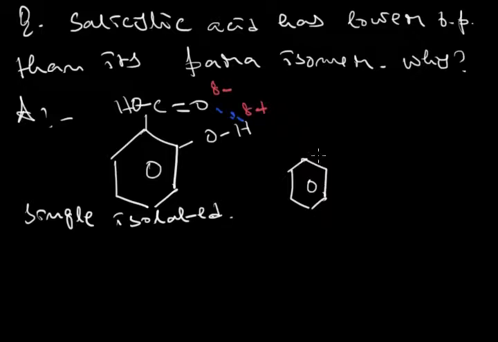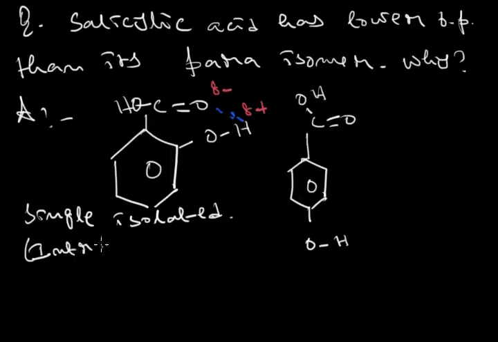In para isomer, the COOH group and OH group are away from each other, so they cannot form intramolecular hydrogen bond. In salicylic acid, intramolecular hydrogen bond is present.